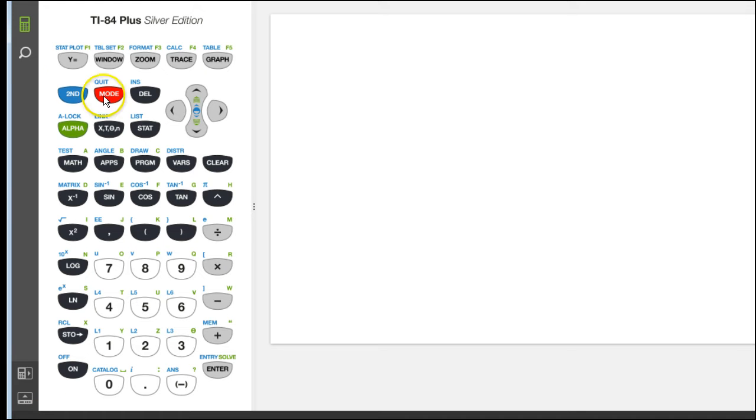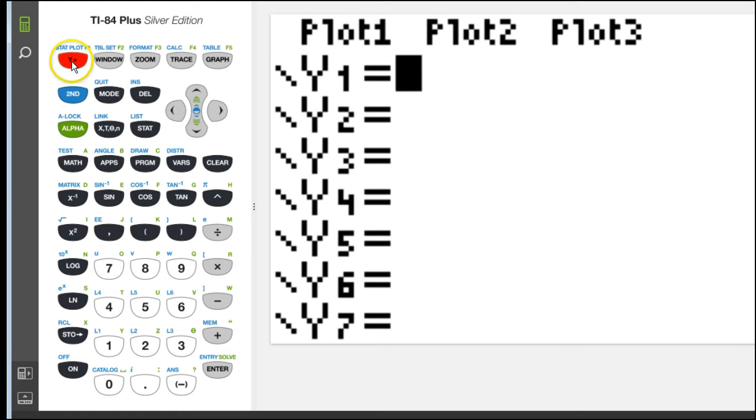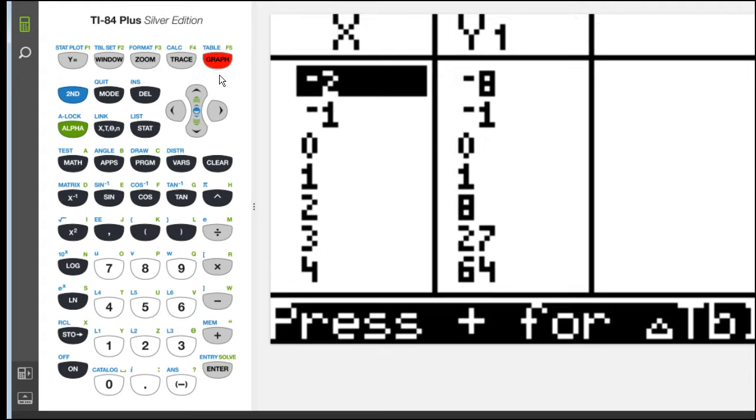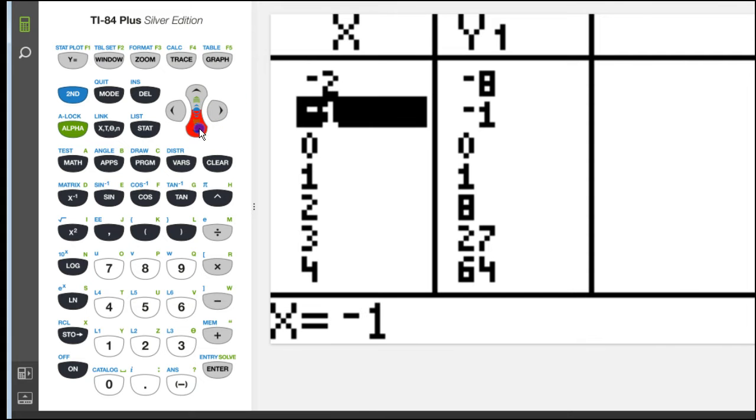So taking a quick look at the calculator, let's use the table feature to find the rest. So I will just do x to the third power, all right, and we'll look at the table. So second graph. All right, and I'll just scroll down a little bit.